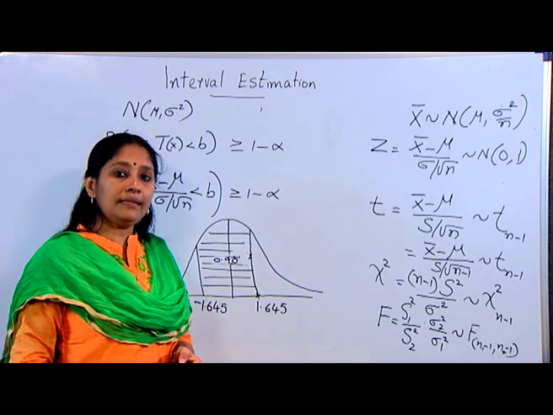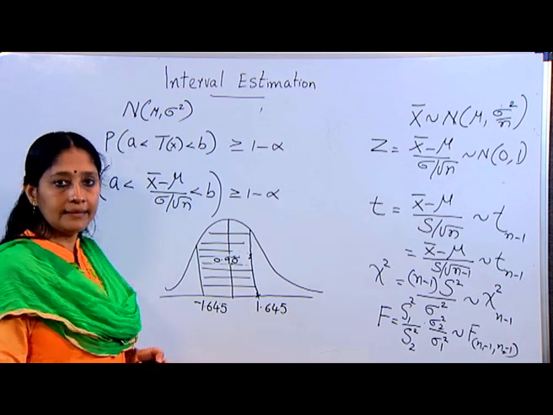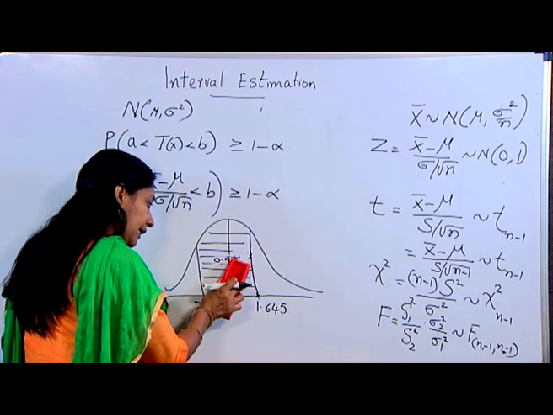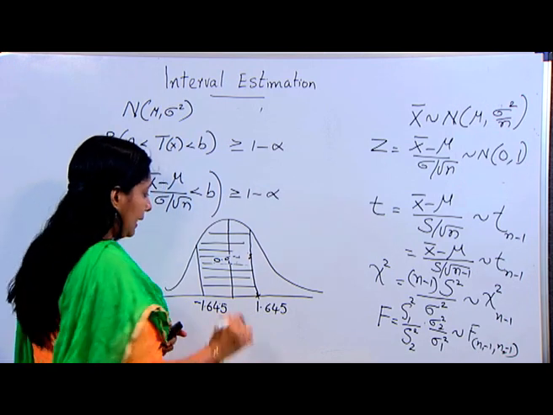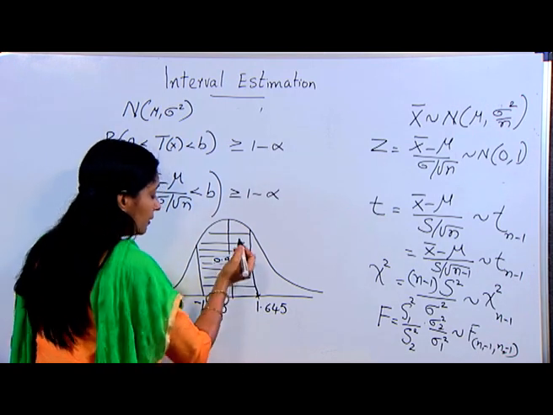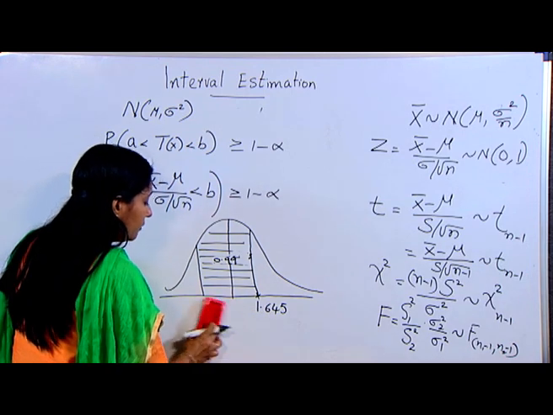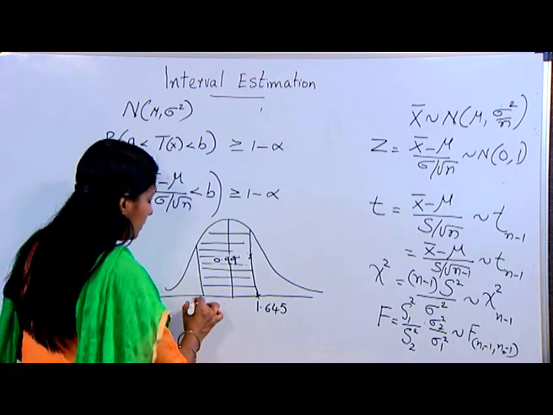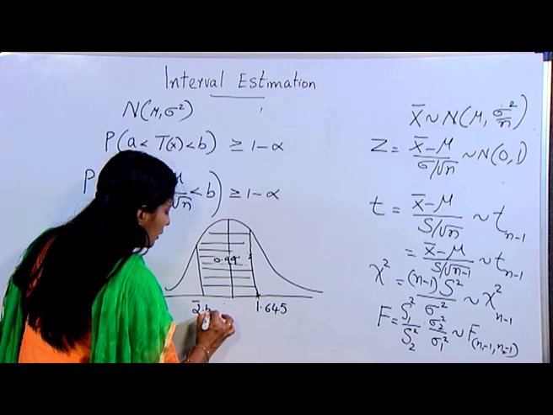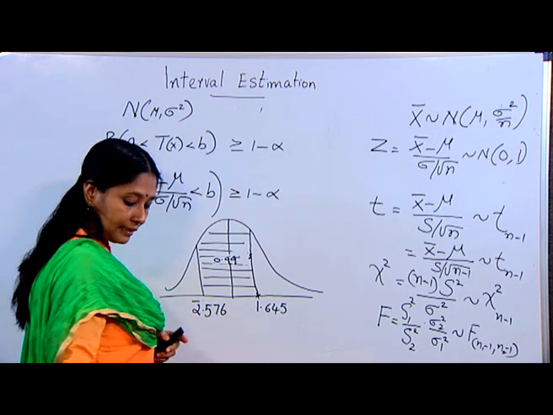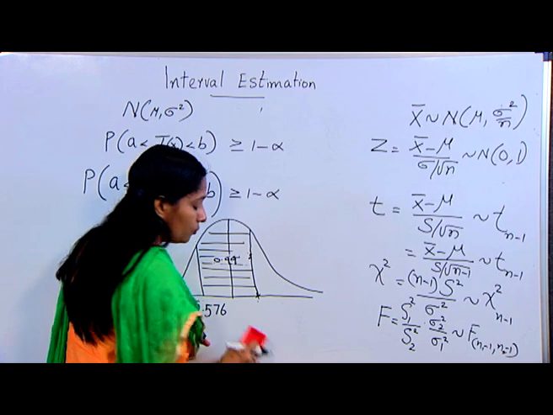For a 99% confidence interval, this area is 0.99, and from the standard normal table you can find these two values as minus 2.576 and 2.576.